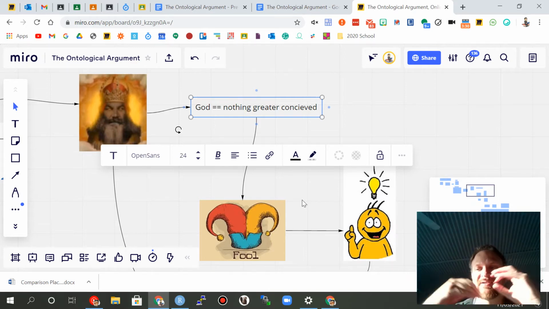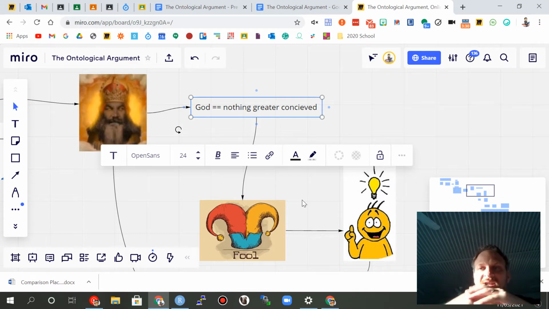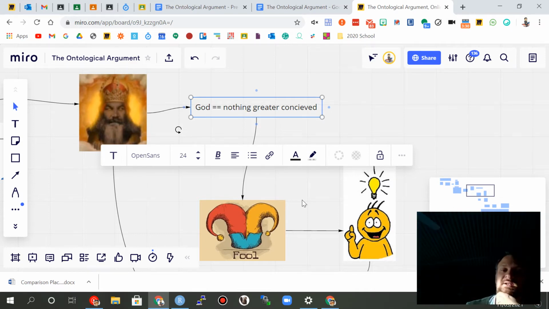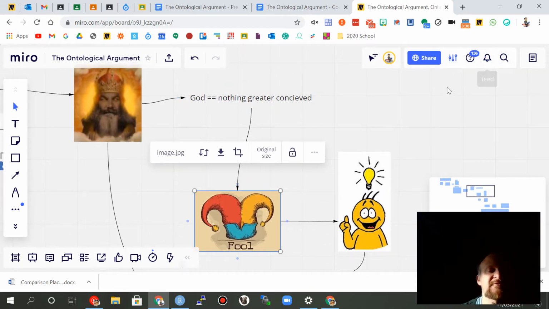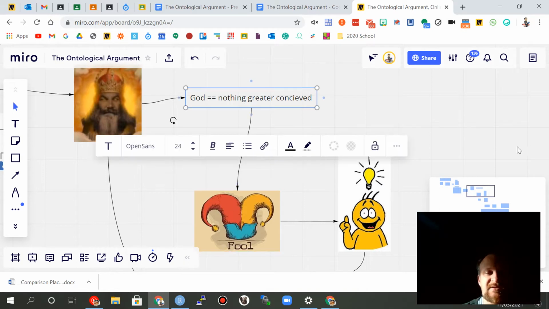Because how else would these different subjective minds come together and agree upon the same definition? So there must be some kind of ontological reality behind the definition if a lot of people can agree on it. And that includes a fool. Even a stupid fool can understand that this is the definition. Take a note.